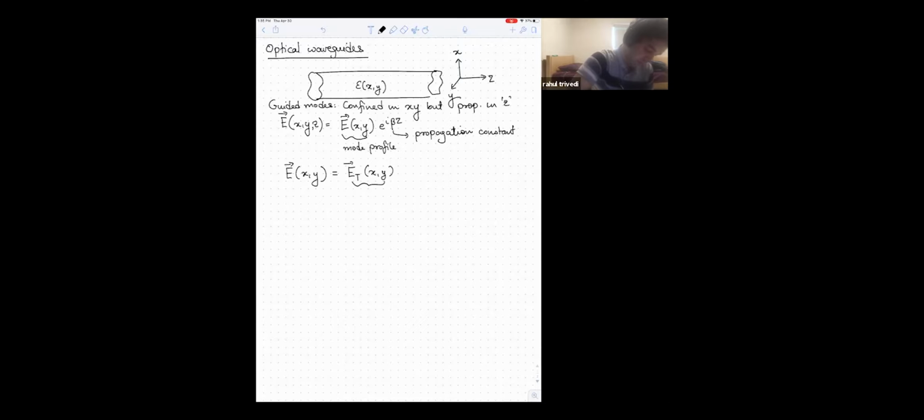So this is in the xy plane, right? When I say in the xy plane, I'm referring to the plane in which the electric field vector lies. The mode profile only depends on x comma y, so it is not dependent on z, but it is a 3D vector, so it can still have components in the z direction, even if it doesn't depend on z, right?